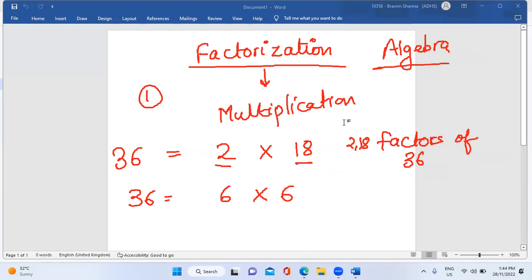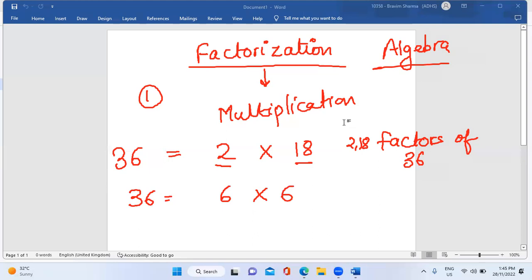Now, once I understand the definition, what is the meaning of factorization, simply the meaning of factorization in arithmetic is to write a number as a product of two other numbers. Same way, we need to understand factorization's meaning in algebra.